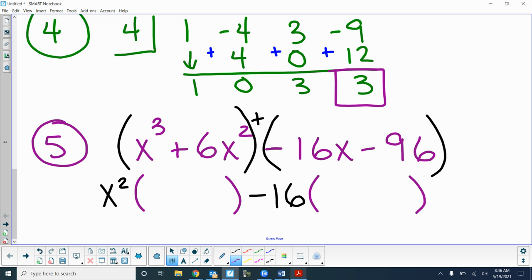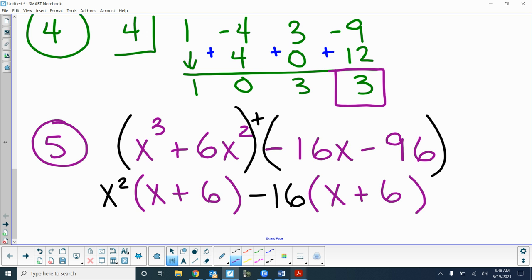Okay, so the GCF is x squared, so I divide both of these by the GCF. What's x cubed divided by x squared? X. And what's 6x squared divided by x squared? 6, right? What's negative 16x divided by negative 16? x. What's negative 96 divided by negative 16? 6.